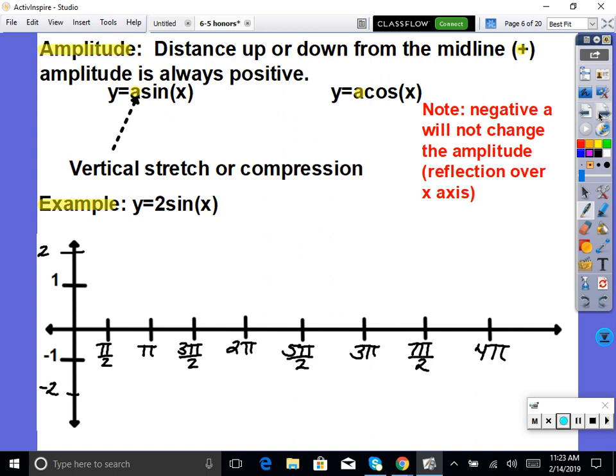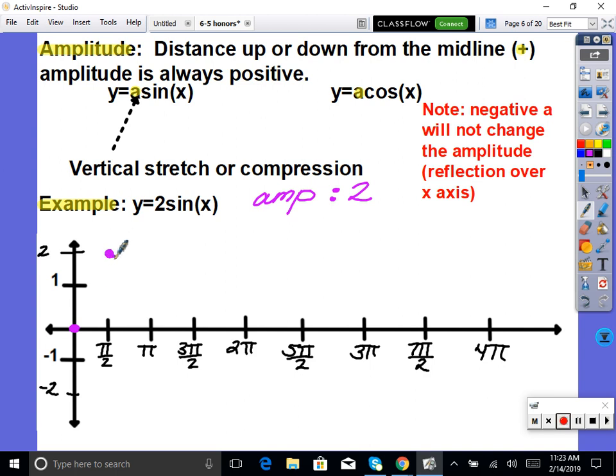Now, if you remember back to all the other functions we've done and shifting from parent functions, isn't it true that what's multiplied in front affects your y values? It won't affect your x values, correct? So if you look at this, you would say, okay, now we have a 2 in front, so my amplitude is 2. The pattern will be the same. For sine, we know it's 0, then max. Now our max, instead of at 1, is up at 2.